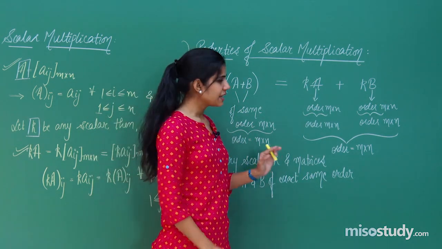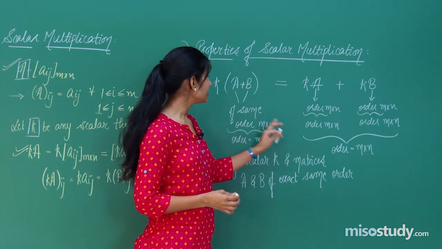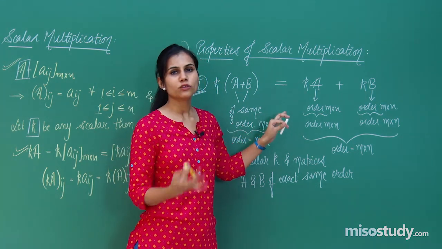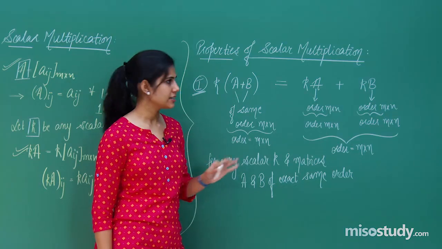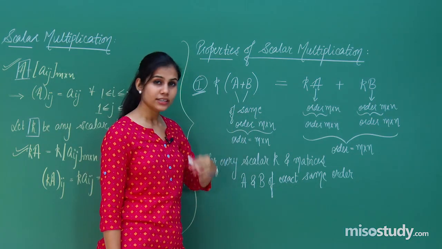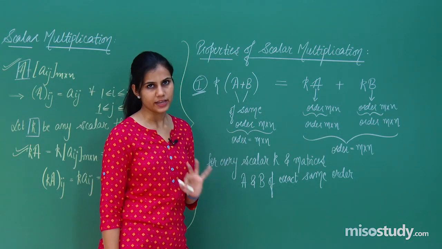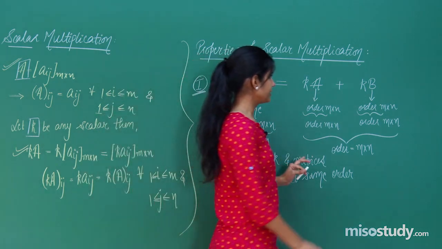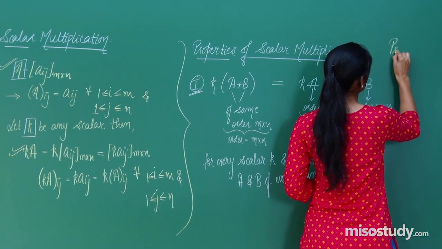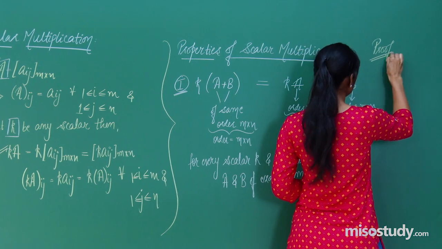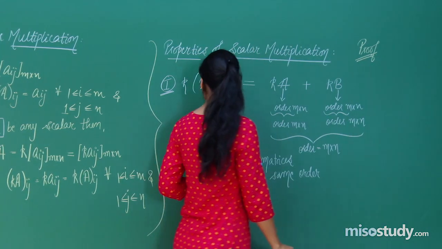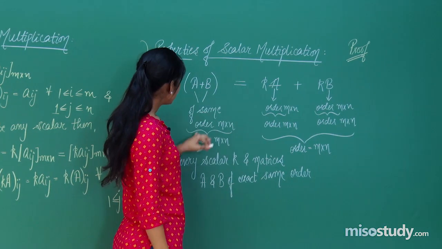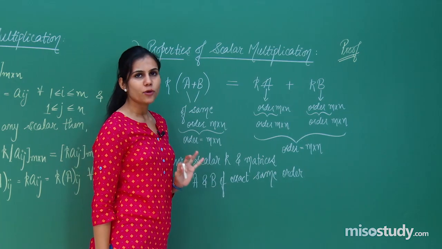So here once the claim has already been declared, we need to just show that not just for one or two examples like we dealt in the last class is this property true, but actually in general also this property holds very much true. How do we prove that? Heading towards the proof, I am going to take A and B, two matrices of exact same order m cross n.